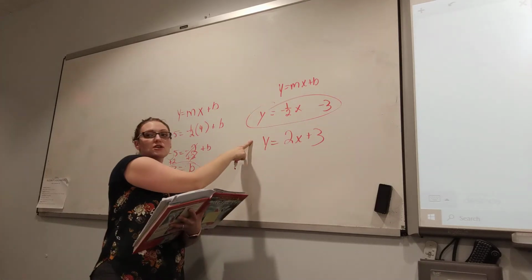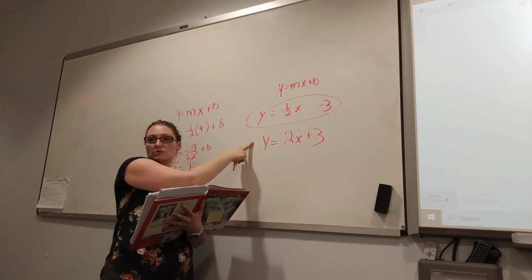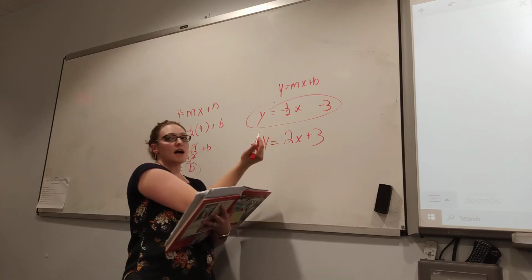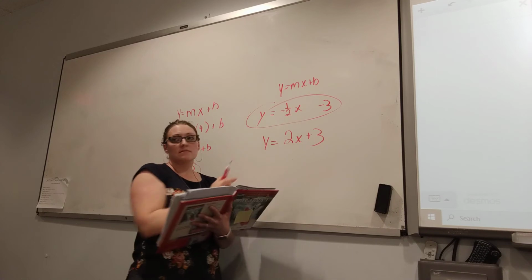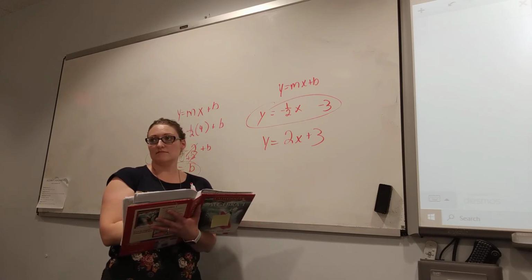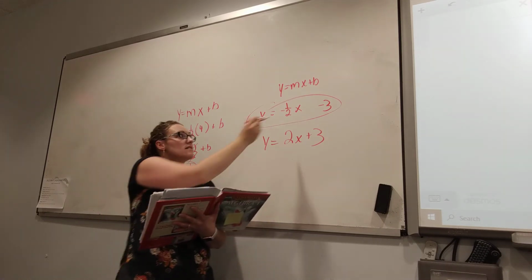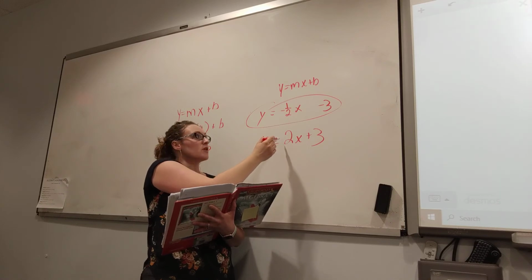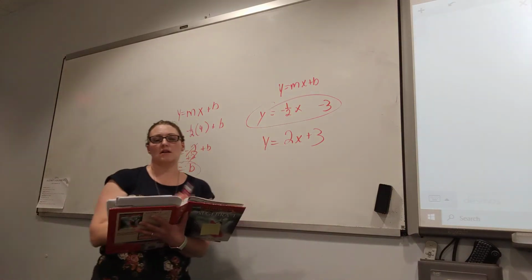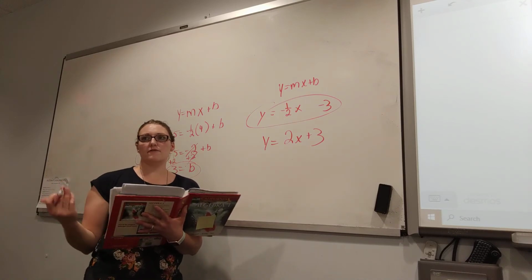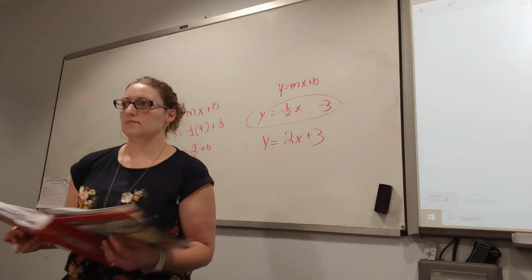I'm just writing it here so you can compare the two. It's perpendicular because it's the opposite: they changed the negative to a positive and flipped the fraction upside down. The negative reciprocal. Good.